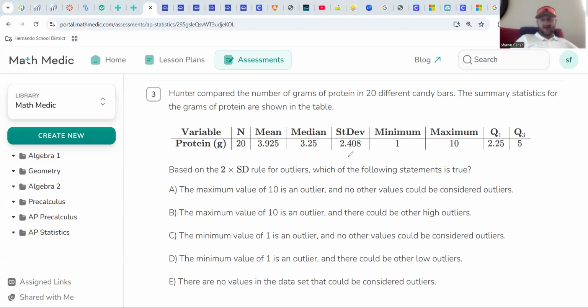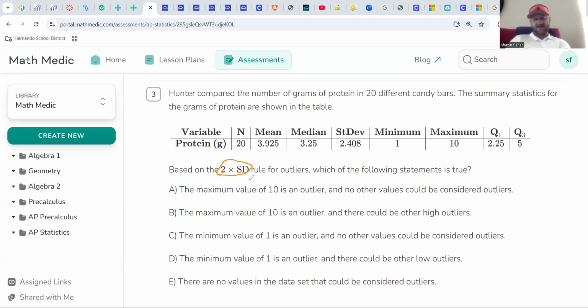What we want to know is, this is a rule to determine whether there are any numbers that are unbelievably far away from all the other data, where you say, hey, there's something up with that number, right? So let's do the 2 times the standard deviation rule. And that's simply this.